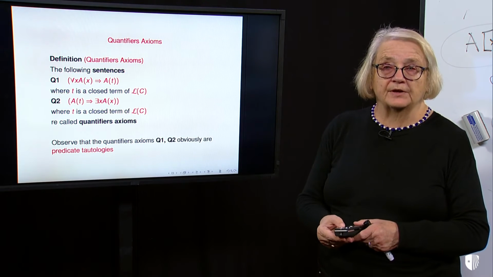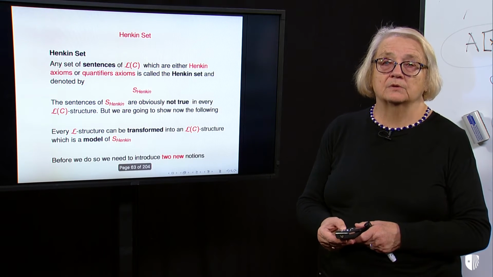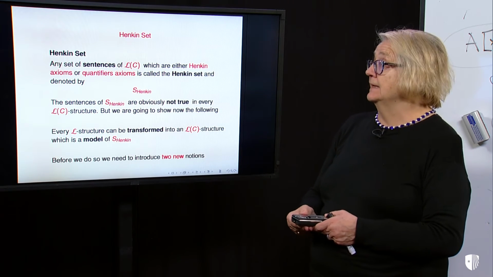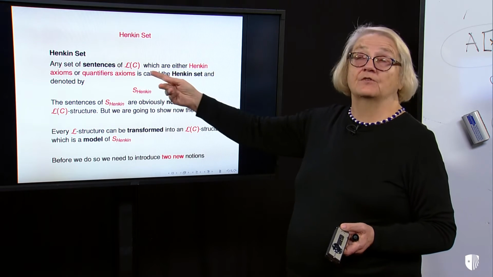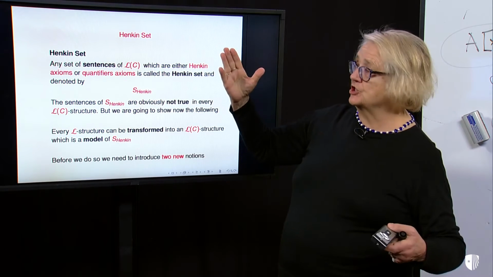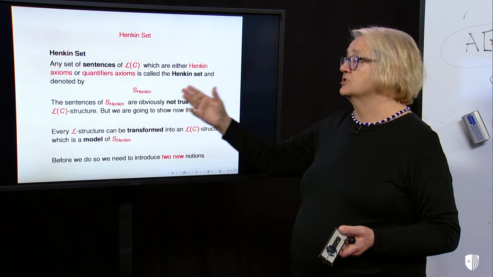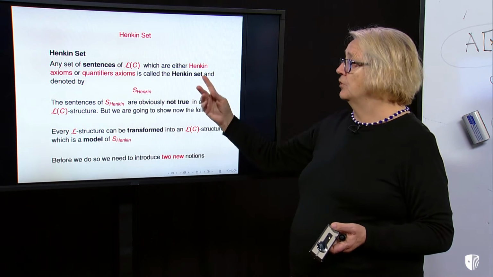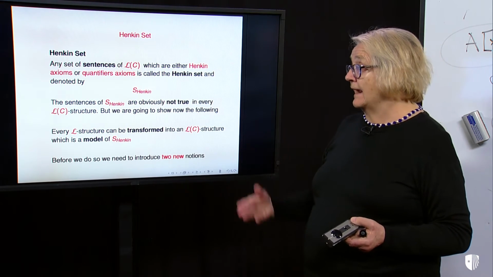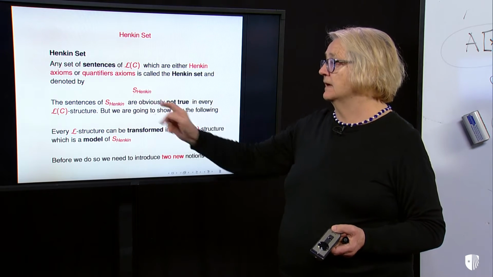And of course, you can check the predicate tautologies. Now, a set of sentences of L_C of this enriched language consisting of the Henkin axioms or quantifier axioms is called the Henkin set.